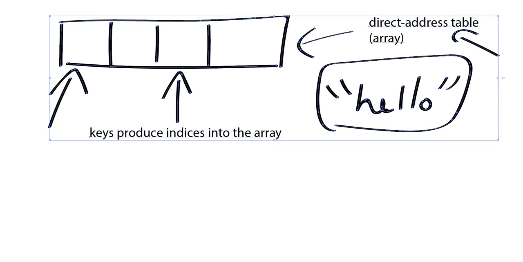So instead of a direct address table, let's actually solve these problems using a hash table. Okay, so a hash table, just building on top of this idea of a direct address table. Say now we have some universe of all the valid keys we can have, right?